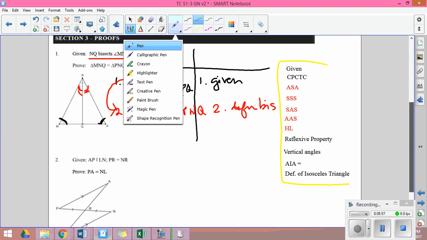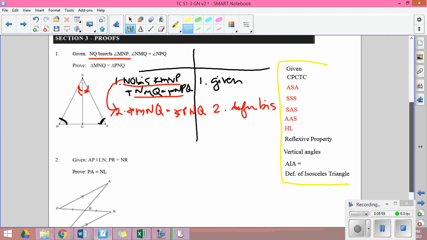Now, I'm trying to prove these two triangles congruent to each other. So I'm looking at those options and saying, well, which one? If we think about it kind of like a process of elimination, I know two angles.